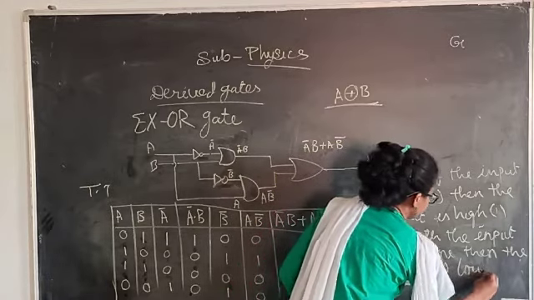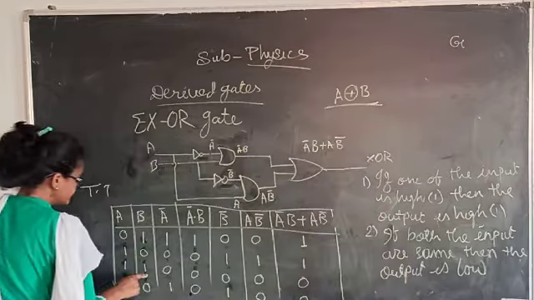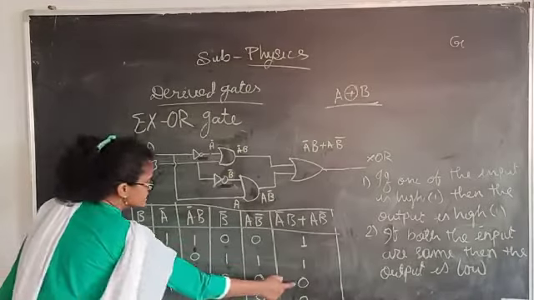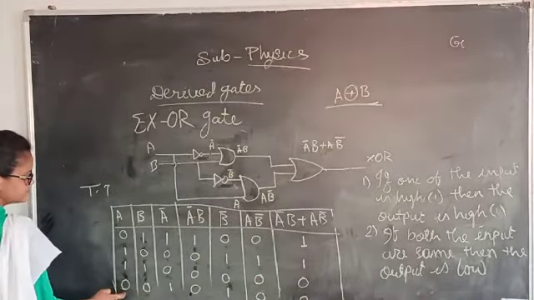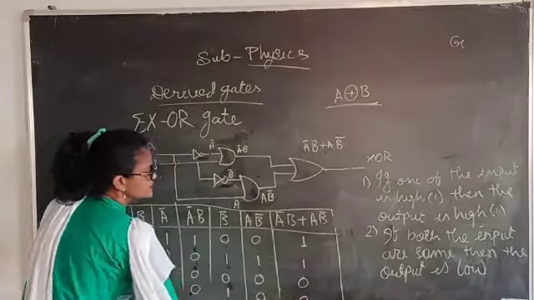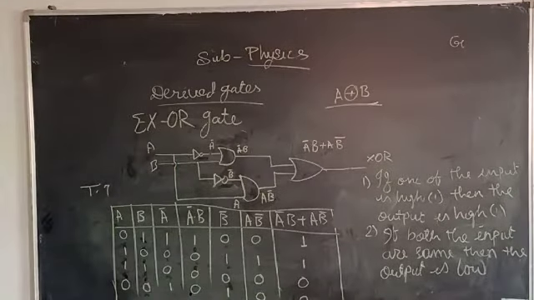See, here we have both the inputs same, 1 1, output is low. Here both the inputs are same, 0 0, output is low. So these are the conclusions for XOR gate.